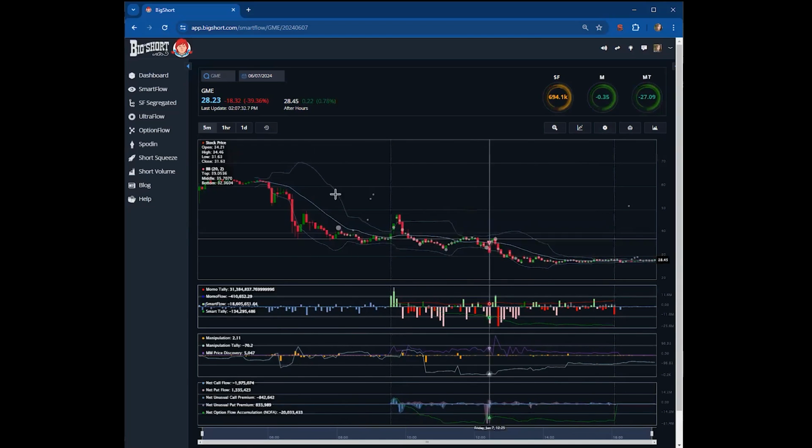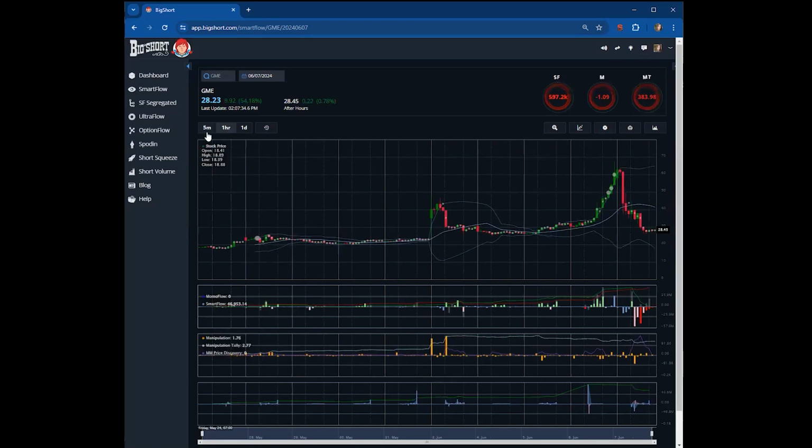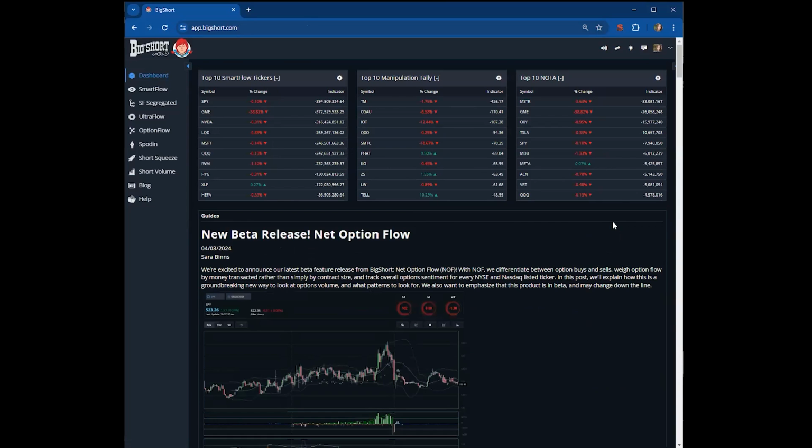And one thing I like to do is also look at the hourly chart and the daily chart to see if that level is meaningful on a historical scale. Does that answer your question?